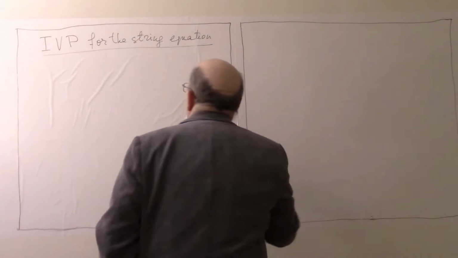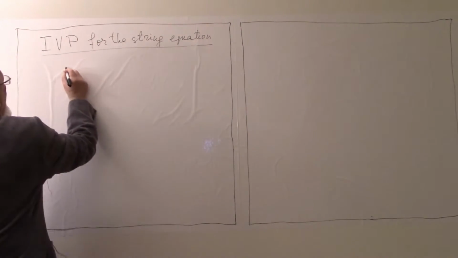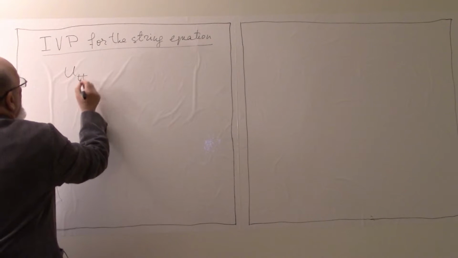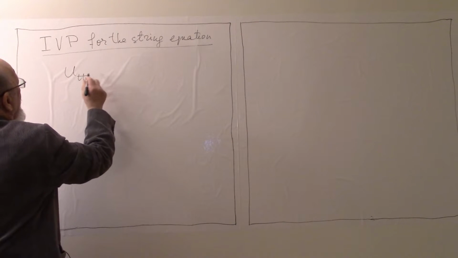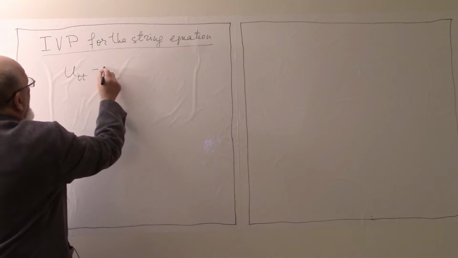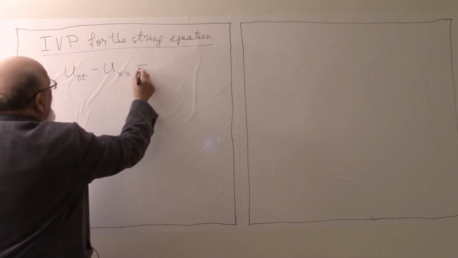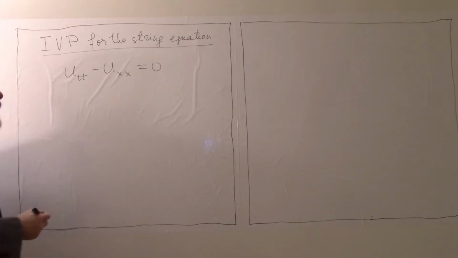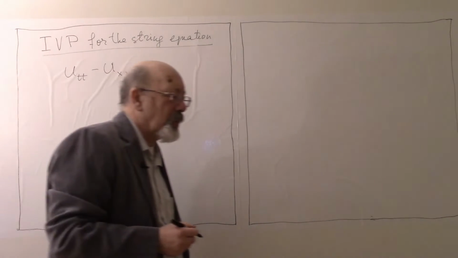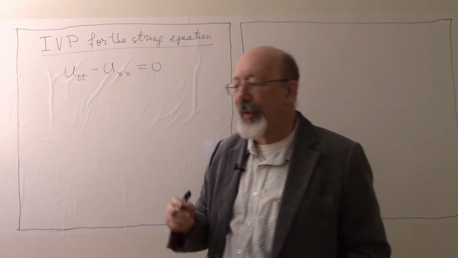So the string equation is the second derivative in t minus the second derivative in x equals 0. And we add two initial conditions.